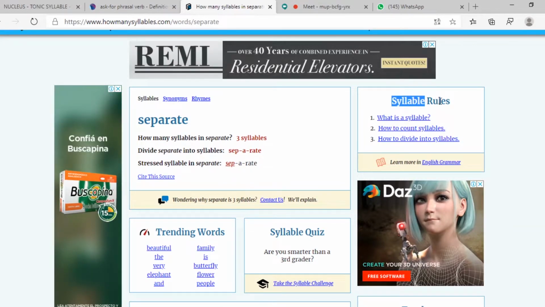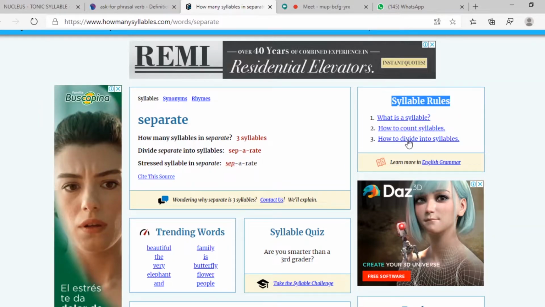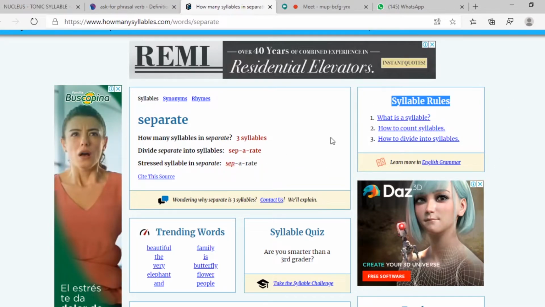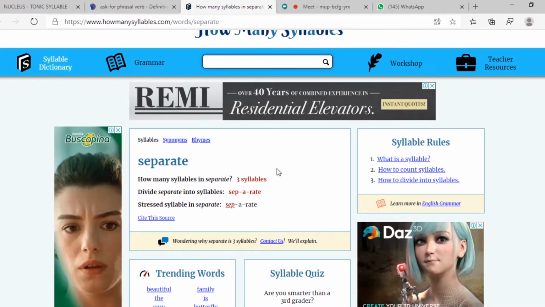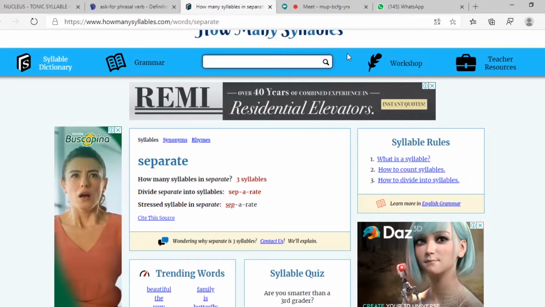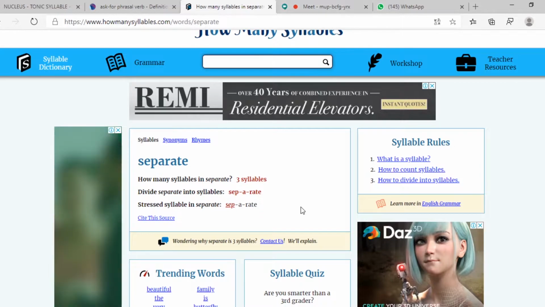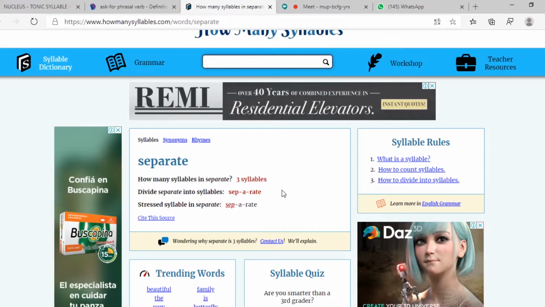Here you have syllable rules, what is a syllable, how to count syllables, how to divide into syllables. You can use these to know the rules, and you can use this dictionary in order to check your syllable separation.